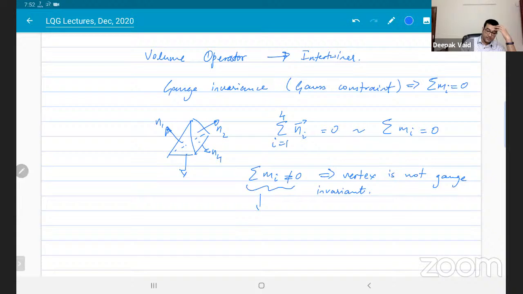But this is what I would physically think of as a rotating horizon or a rotating intertwiner, right? Now, it seems to me that this actually makes sense, that if you have rotation, then it will not be gauge invariant.